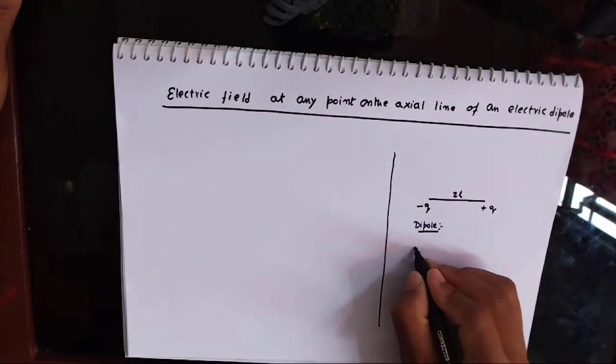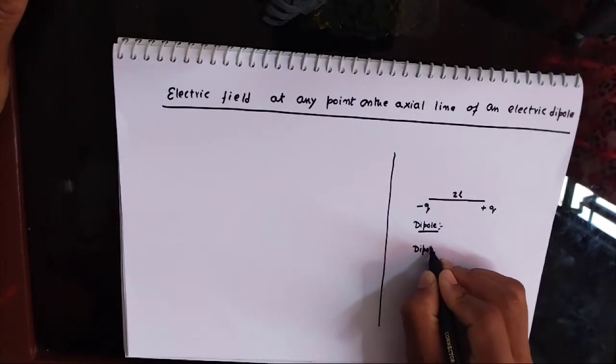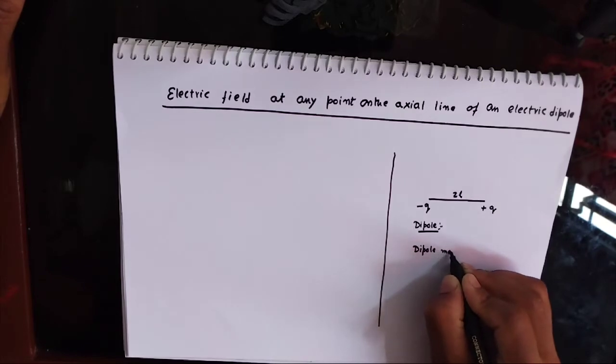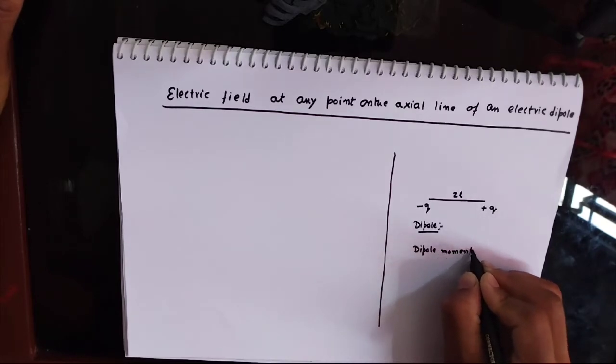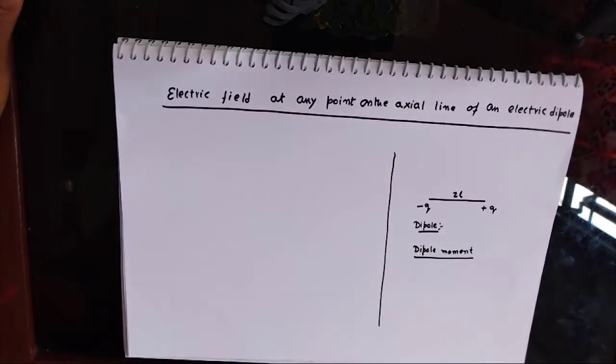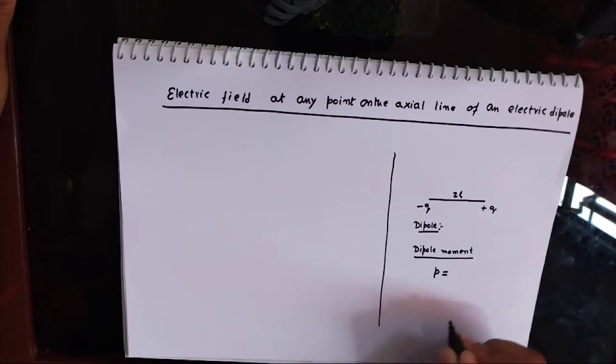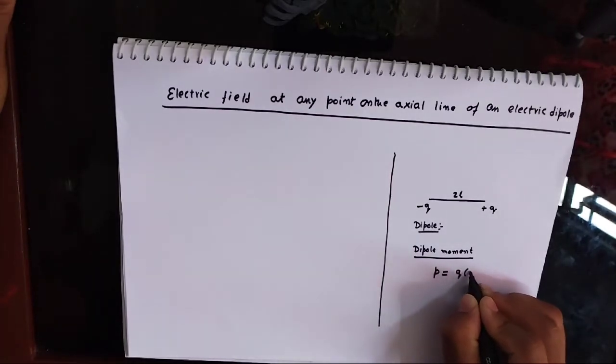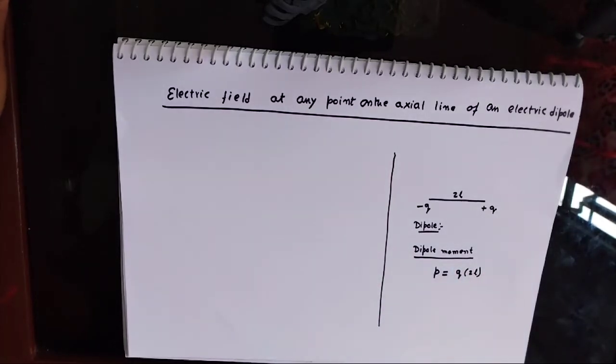And then we come to another definition, dipole moment. What is a dipole moment? A dipole moment is the product of the magnitude of any one of the charges with the distance between them. It is denoted by the symbol P, and this is equivalent to Q multiplied by 2L.